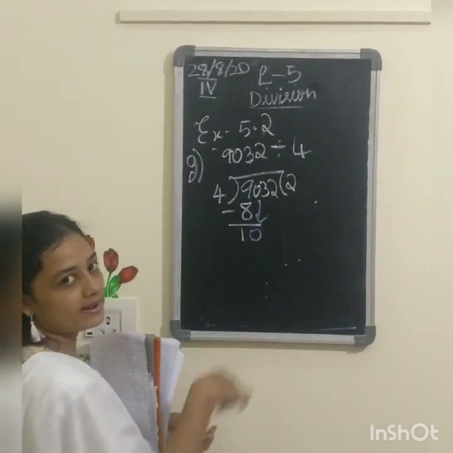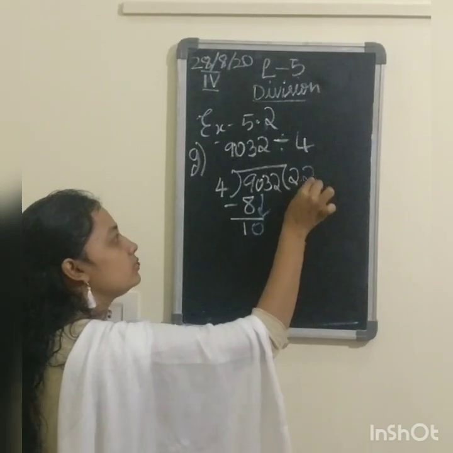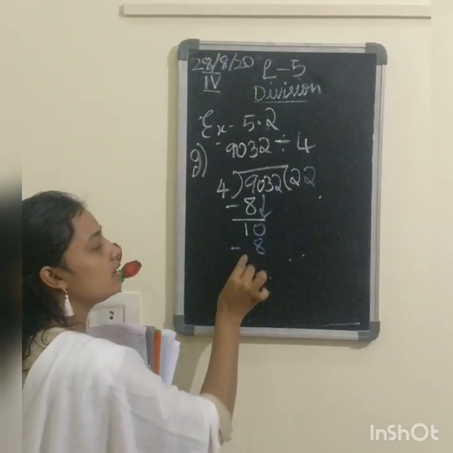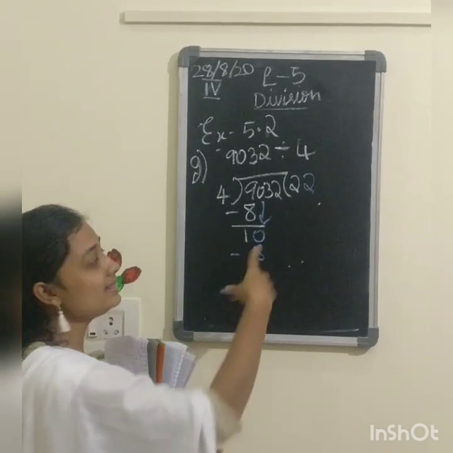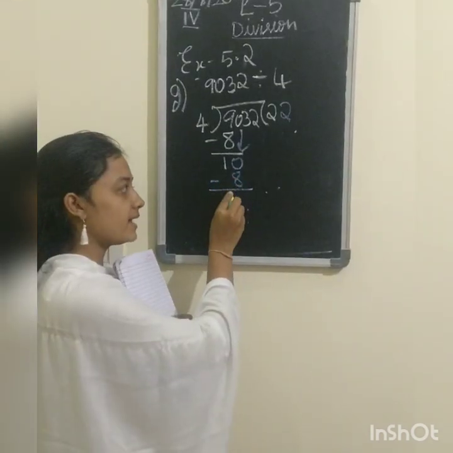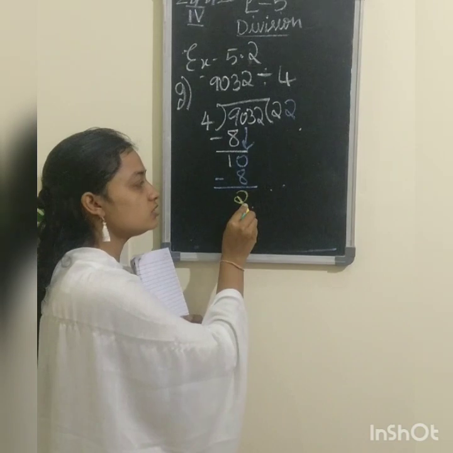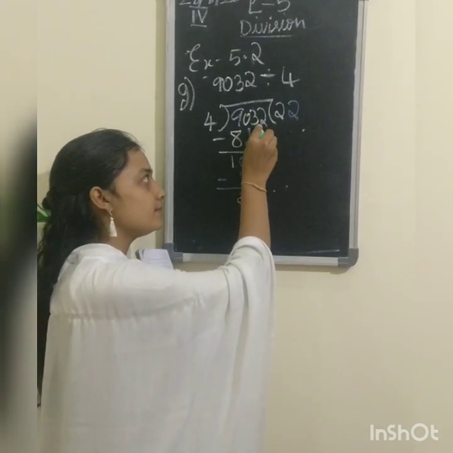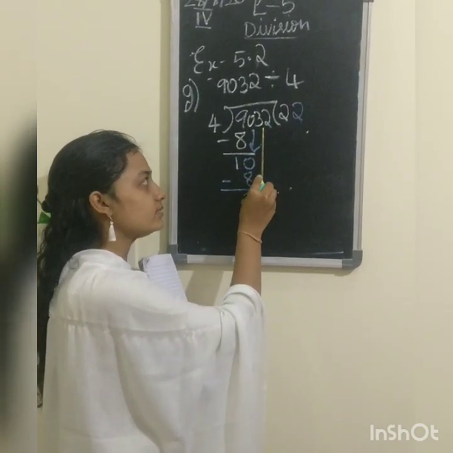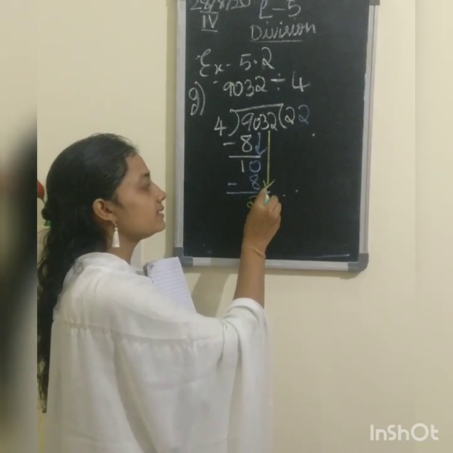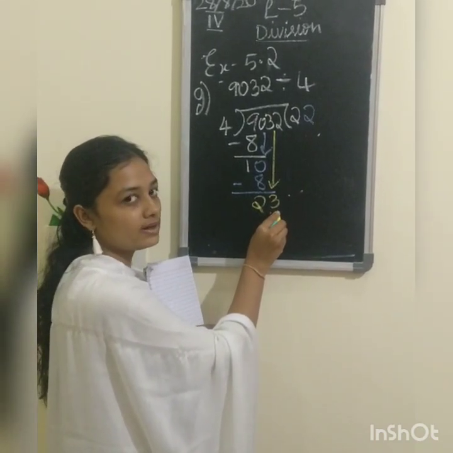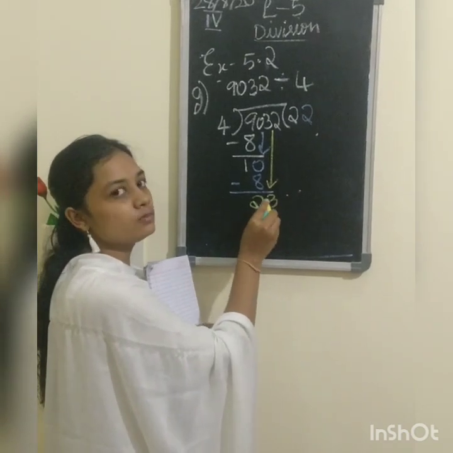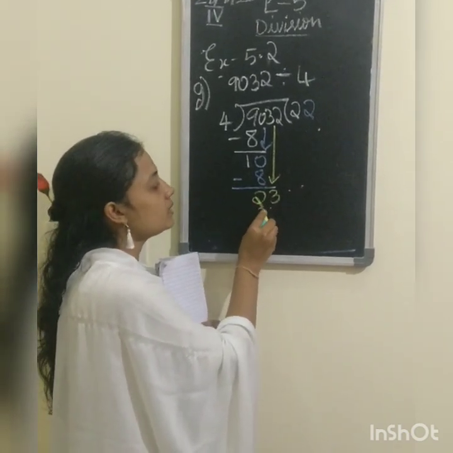So I have 10. Again I am going to write 2s are 8 because 4 3s are 12, that is bigger than 10. And when I subtract, the answer I get is 2. Now next number I am going to bring it down. That is 3. Do I get 23 in 4 ones are? No.